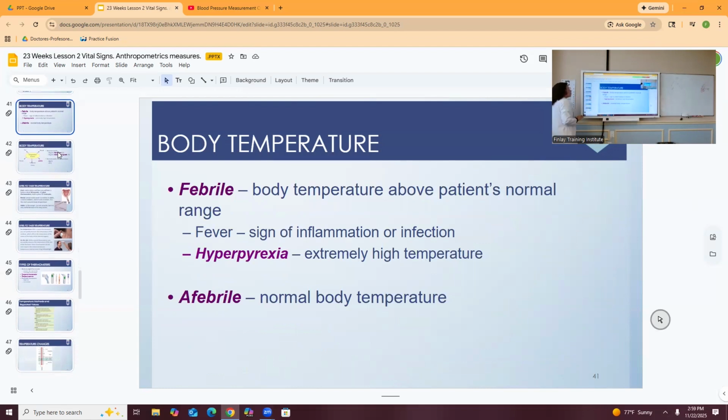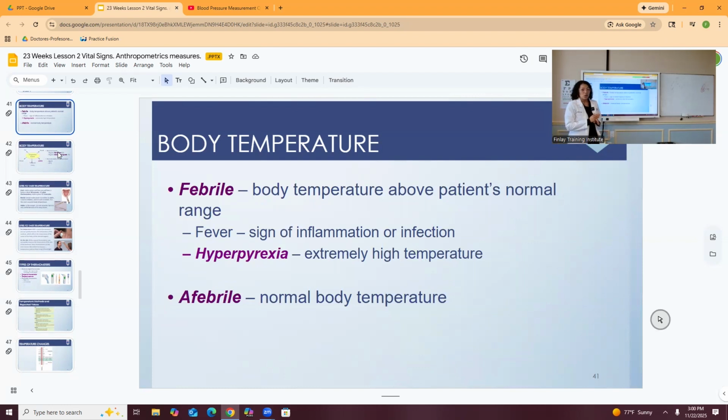For the temperature, we're going to identify states, and these states are going to be related to the normal temperature or to the increase or decrease of the temperature. When we talk about normal temperature, remember what the A means in medicine? It means nothing, no, or none. So normal body temperature is also going to be known as an afebrile state.